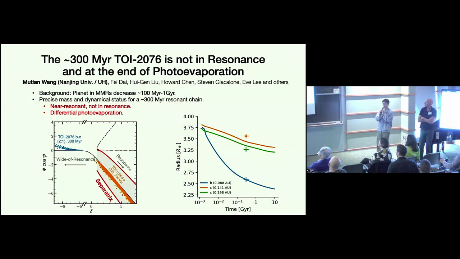And what we found is that this system, despite being probably a resonant planet system, is in a circulating near-resonance configuration, which is statistically unstable. And we also found some evidence that this system, at the age of 300 million years, might have concluded photoevaporation. So if you want to learn more about the system, please come to my poster. Thank you.